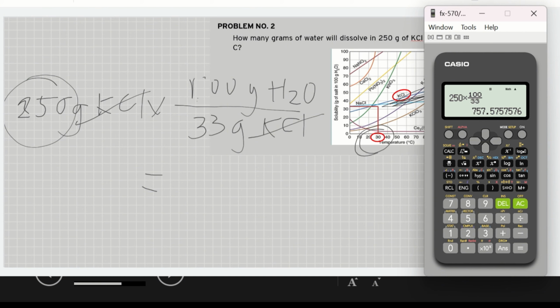So we'll get 760 grams of water, as we'll round it up. And it will be the final answer.